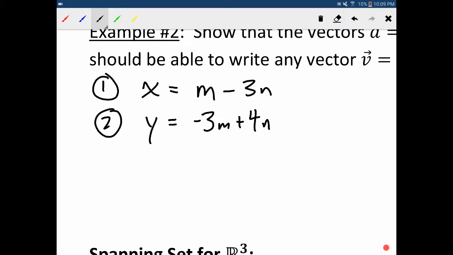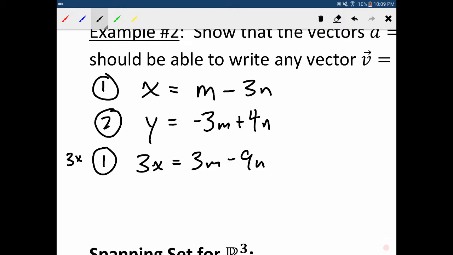Okay? So I've multiplied vector A by m and vector B by n, and created these two equations. Now I'm going to take equation 1 and multiply it by 3. That gives me 3x equals 3m minus 9n.